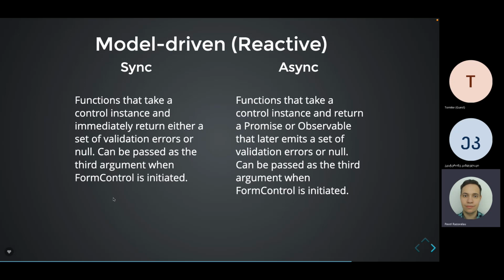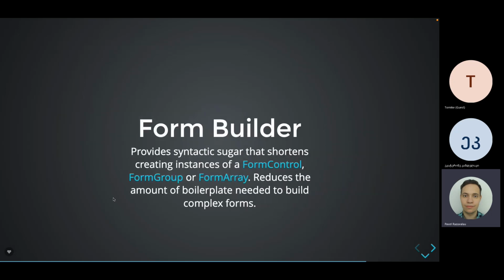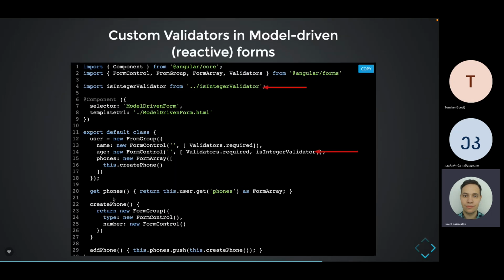If you want to make your validator asynchronous, you simply return an observable or promise. I guess that's everything.